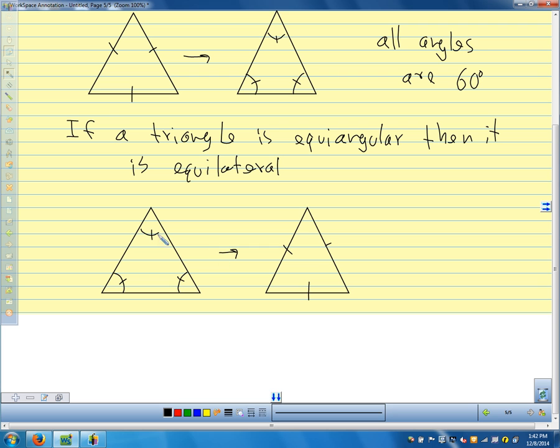So if all the angles are the same, it tells us all the sides are the same. And this comes straight from isosceles triangles. These two angles are the same, so those two sides have to be the same. But those two angles are the same, so those two sides are the same. All the sides have to be the same.